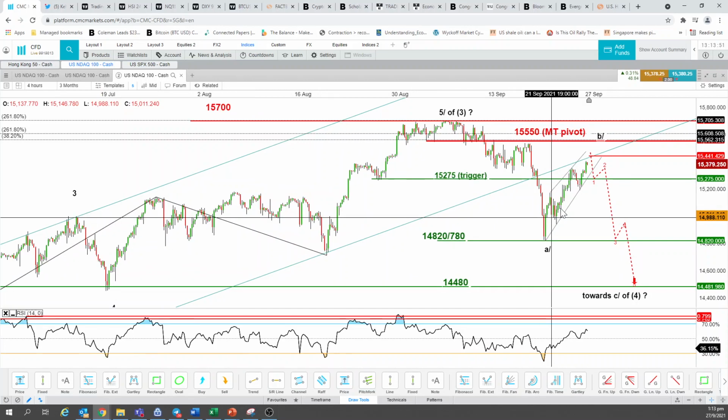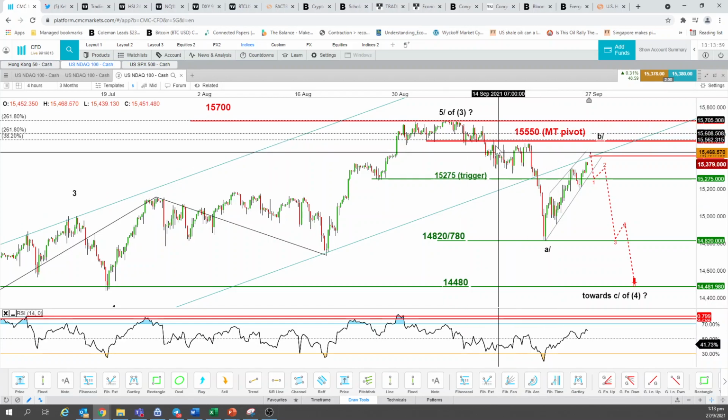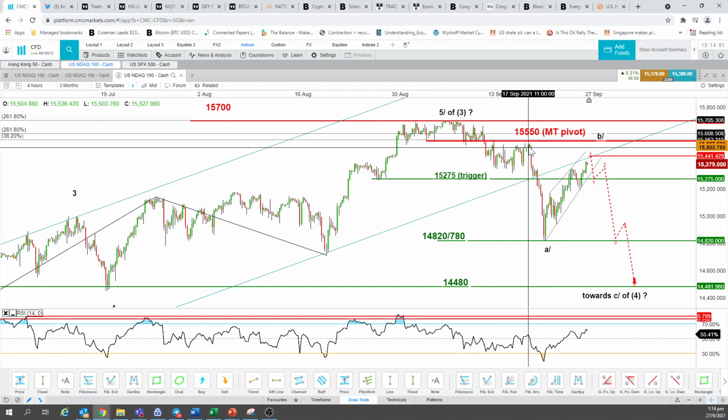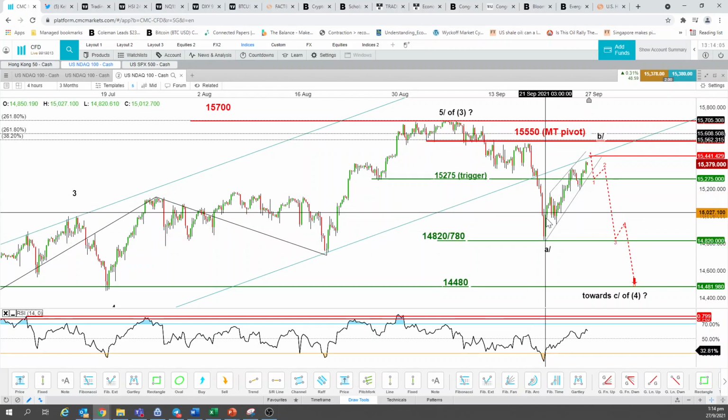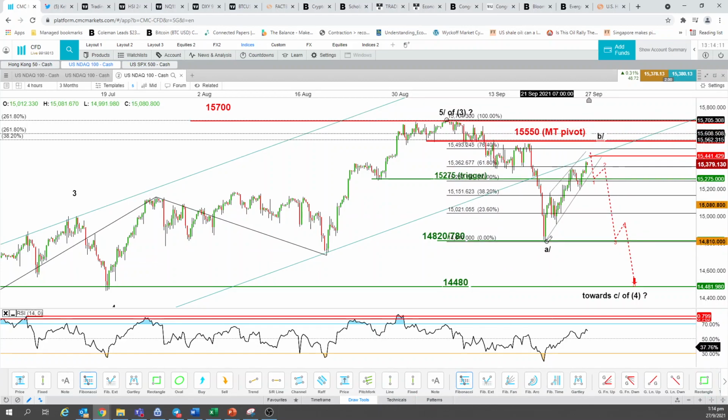So definitely I need a level to validate my bearish view. It will be this 15,550, which is the former congestion zone from 13th of September to 17th of September before the steep slide that we saw on Monday. And if you look at the Fibo retracement, let me draw for you, it is roughly about 76.4%.